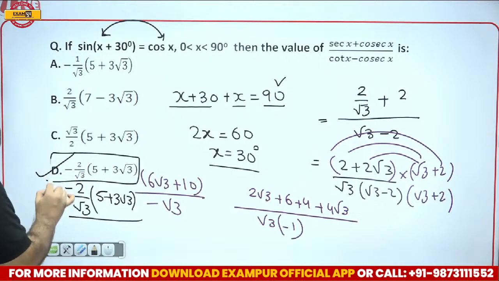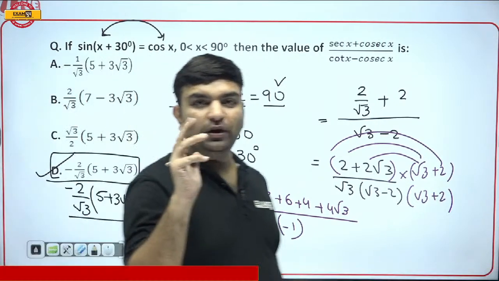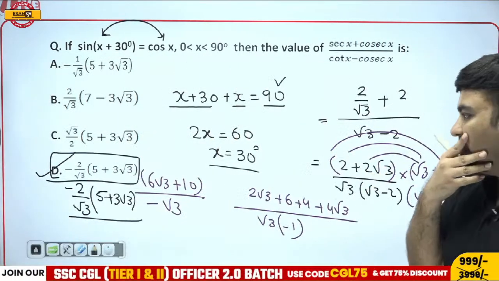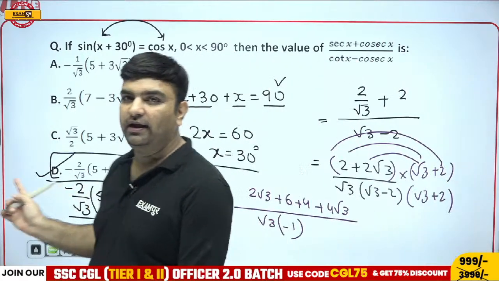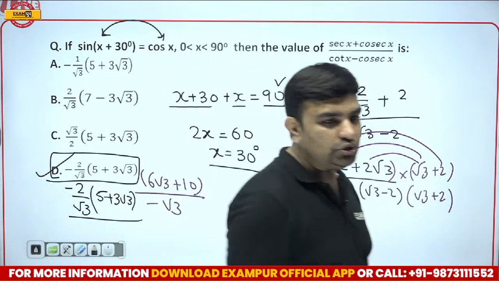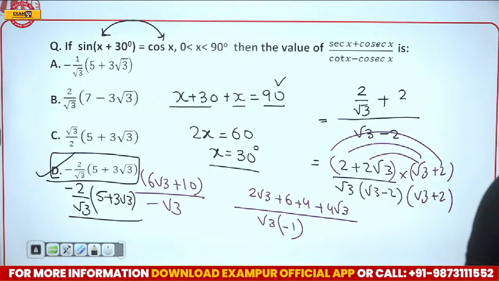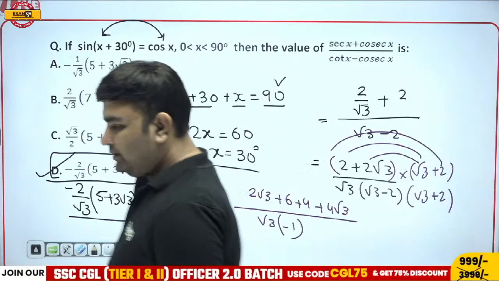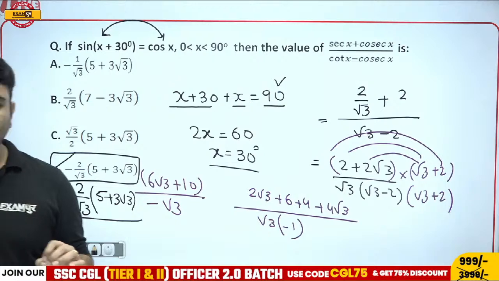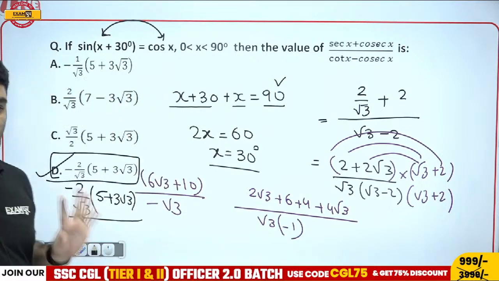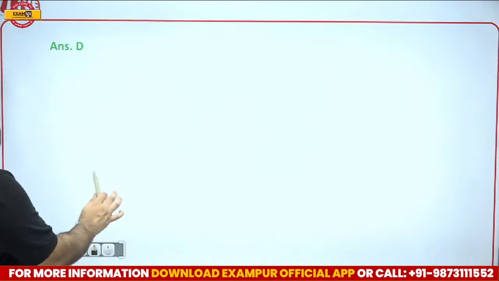Obviously, there was only one negative option. There were 2 negative, but the correct negative is the last one. Only calculation was there.